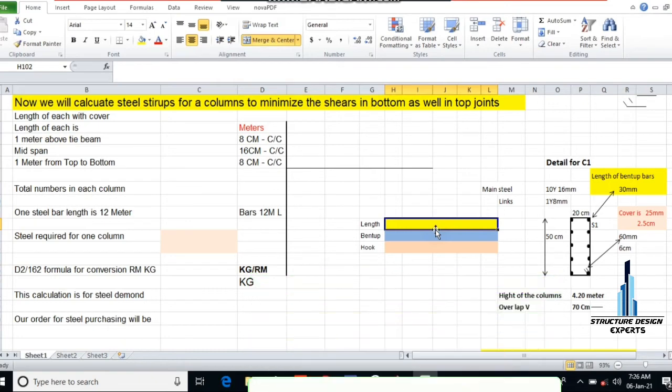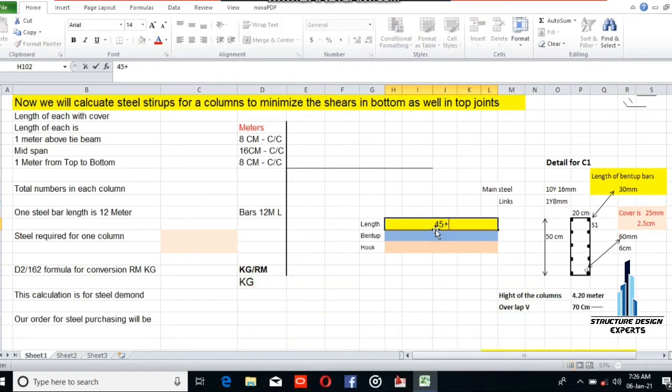We will start from the 50 centimeter side length. So it is 45 plus 15 plus 45 plus 15. We selected 2.5 cm cover from this side and 2.5 cm from this side, so it is 45 cm, and 15 cm likewise on the other sides.